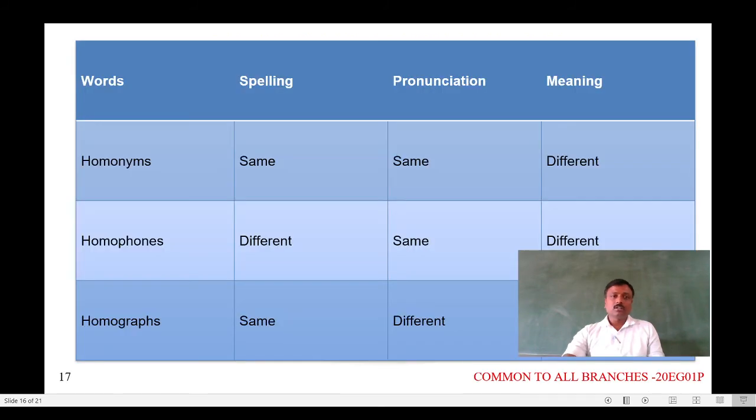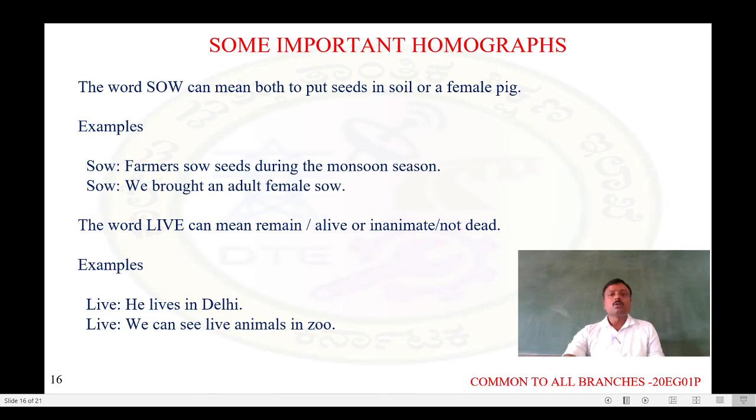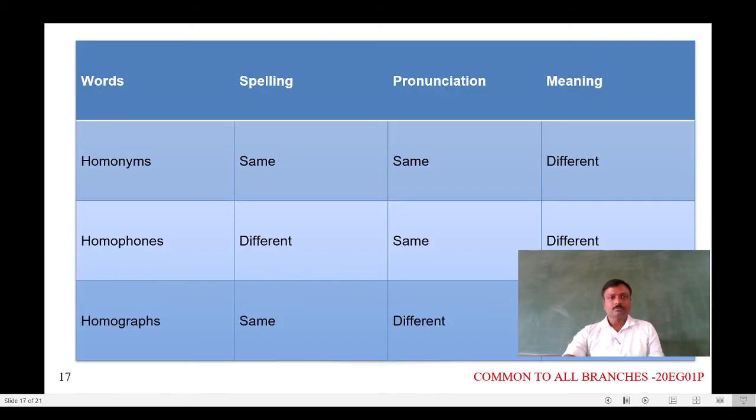So these are about homophones, homonyms, and homographs. I hope you have understood about these words. Now I am going to explain these homonyms, homophones, and homographs all together in short.